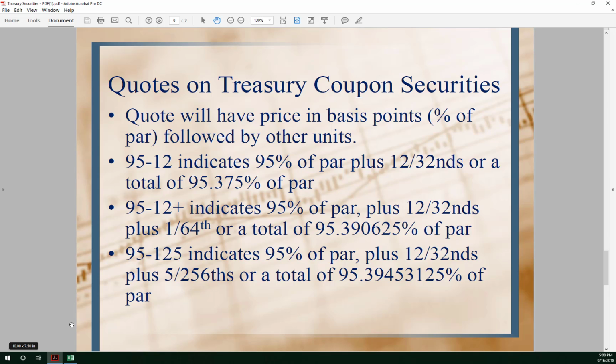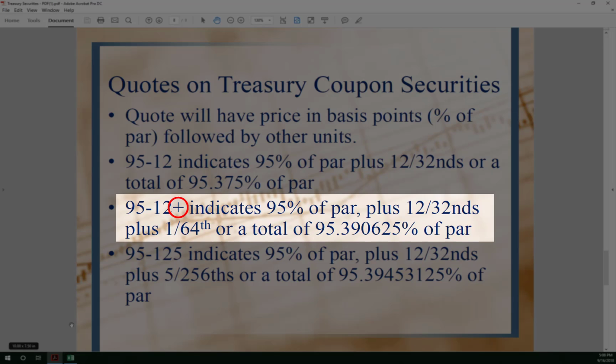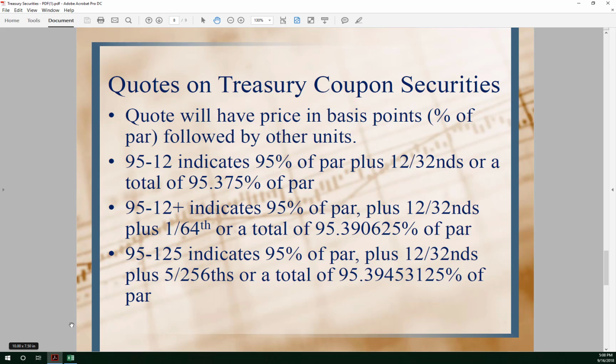In the second bullet point, this plus sign indicates that they're bidding an extra 1/64th of a percent on top of that 95 and 12 32nds. So we've got an extra 64th, which would imply a total bid of 95.390625% of par.